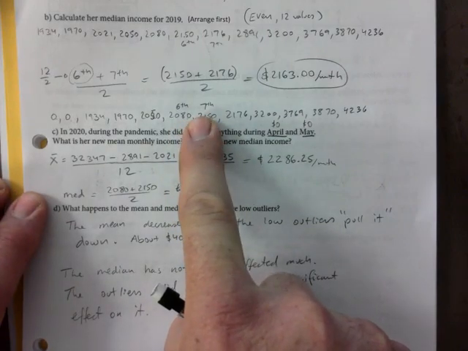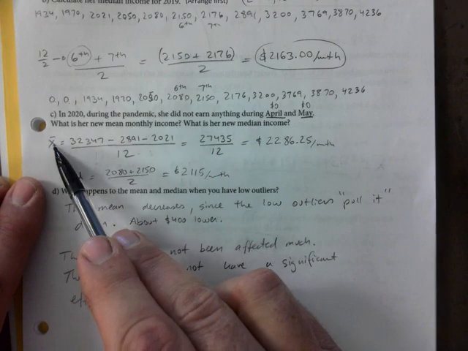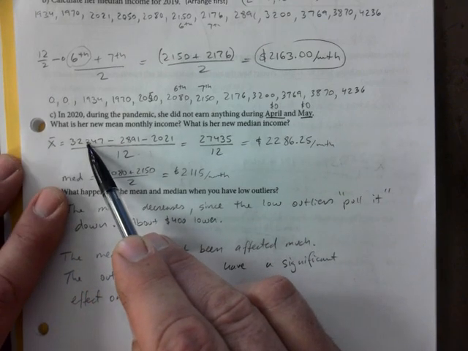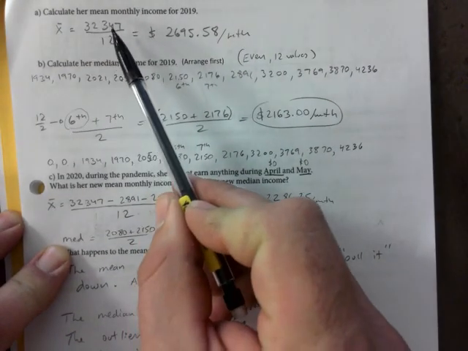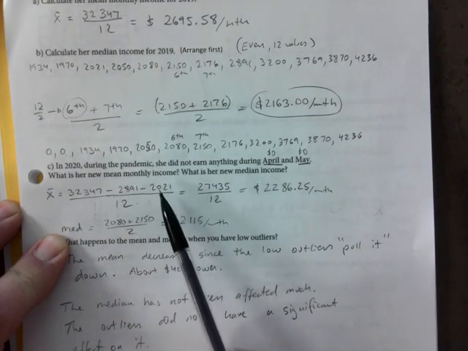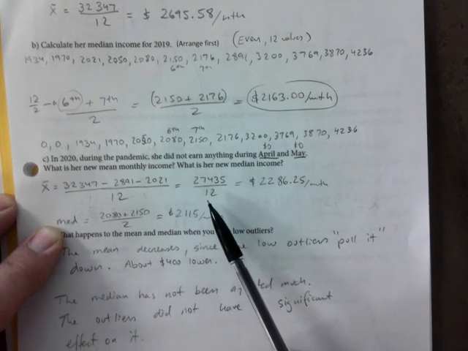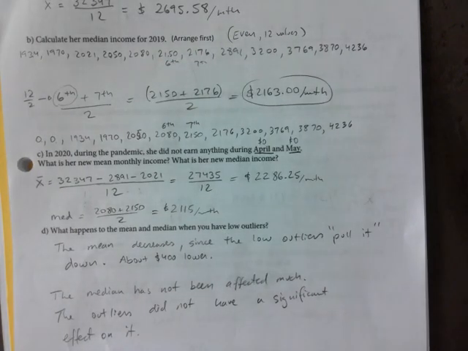It's between the 6th and the 7th. So watch how I did my mean. I went with the number I had previously, adding everything up. I take away April and May, but I still keep the 12 values, okay? So I'm going to give you a heads up. Sometimes I will tell you we remove, sometimes we omit, but this time we don't.